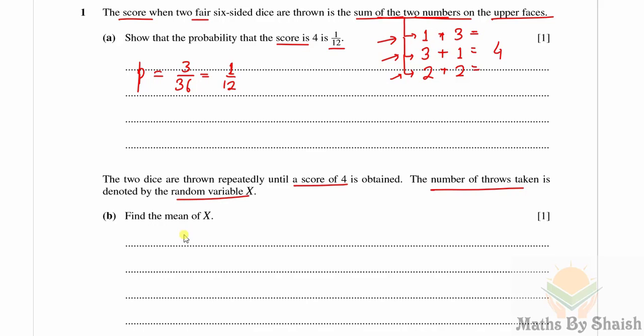First of all, for the geometric distribution, the parameter is the probability of success, which means the probability of getting a score of 4, given as 1 over 12 from the first part.